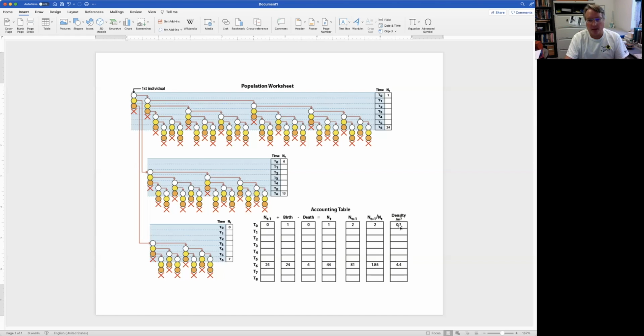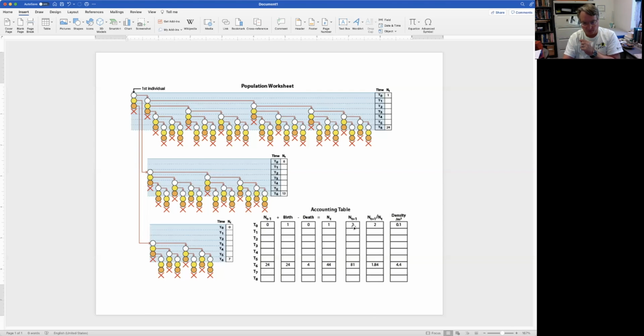Okay, what's all this stuff here? So I got another thing to throw at you here. So we have n sub t plus 1. What does that mean? So n sub t was a population size at a previous time period. N sub t plus 1 means the population size at that future time period. So in this case here, relative to t0, the future time period is t1. So here, what is the population size at t1 with respect to t0?